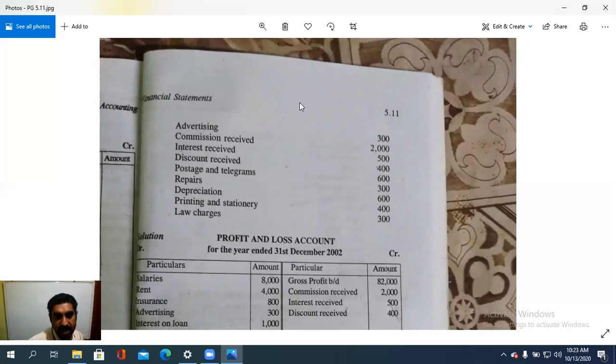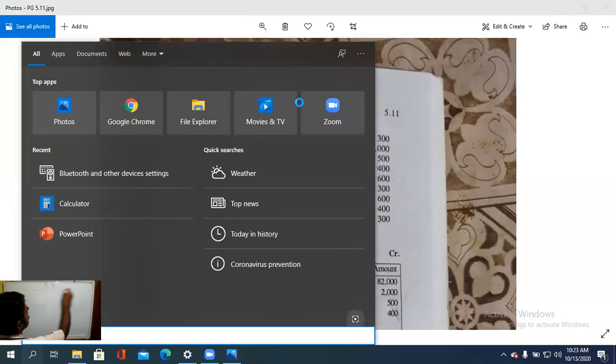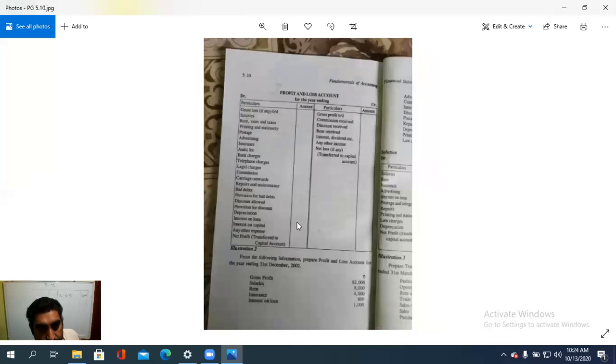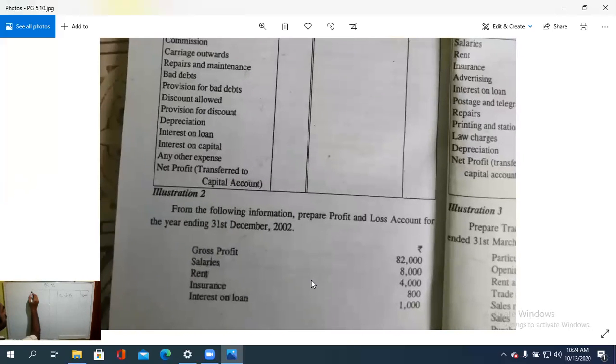So firstly, starting with gross profit brought down. So P&L account, this is the amount column on both the sides. So by GP brought down, how much is the amount? It is 82,000. Then what are the expense items there? Salary to be debited, to salaries.